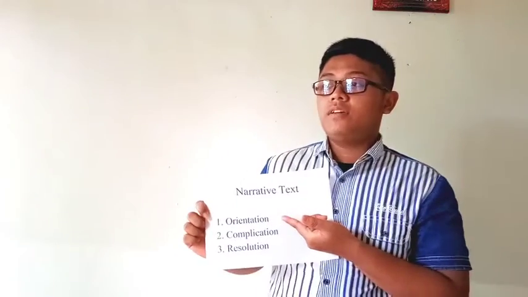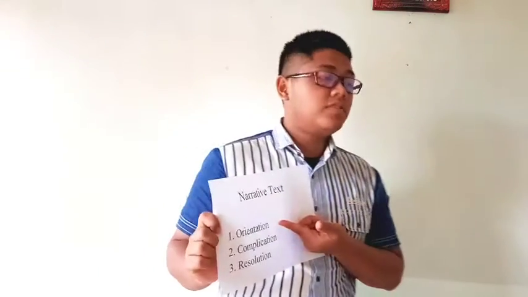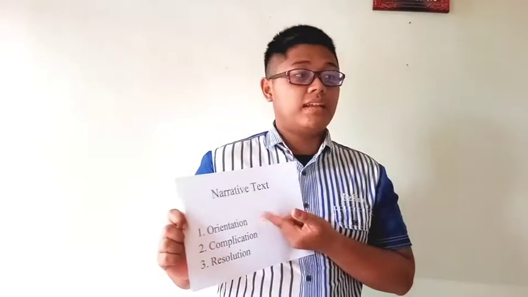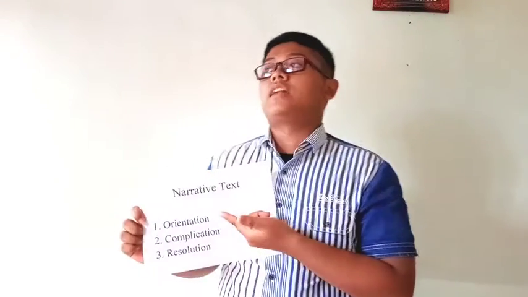Orientation is the first part of narrative text that contains the introduction of actors, characters, and also the settings. Jadi di orientation ini isinya terdapat pengenalan dari latar tempat, kemudian sifat-sifat dari karakternya dan aktornya, seperti itu.